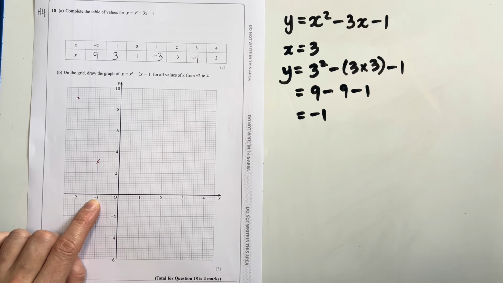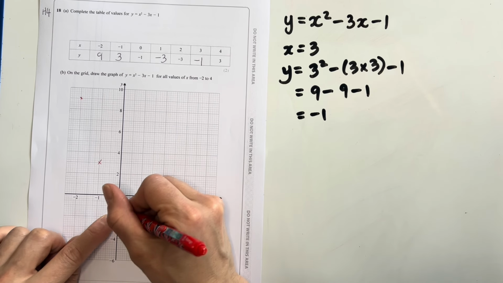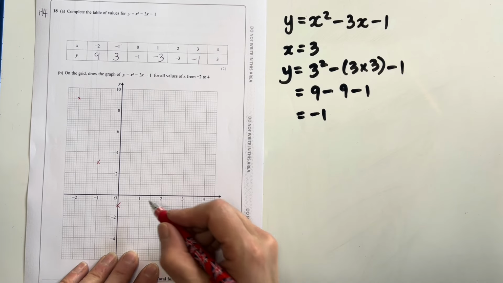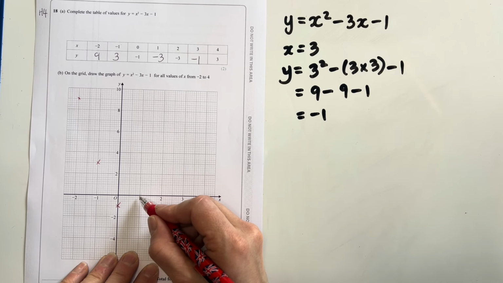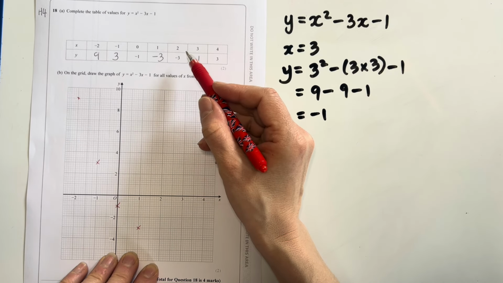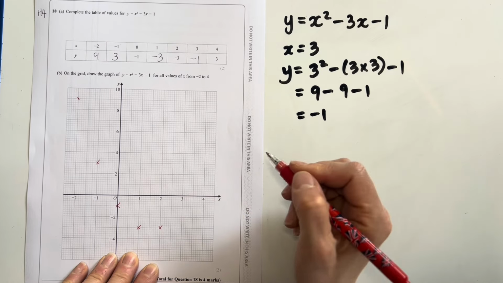So we're going to put that there. X is 0 when y is negative 1. X is 1 when y is negative 3. X is 2 when y is negative 3.